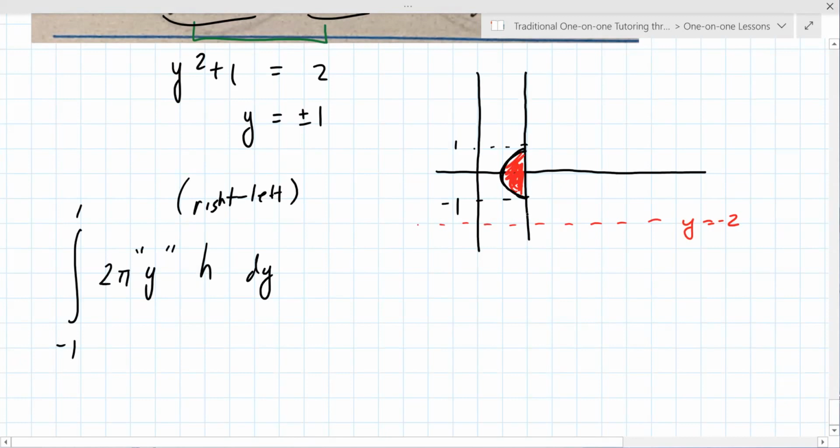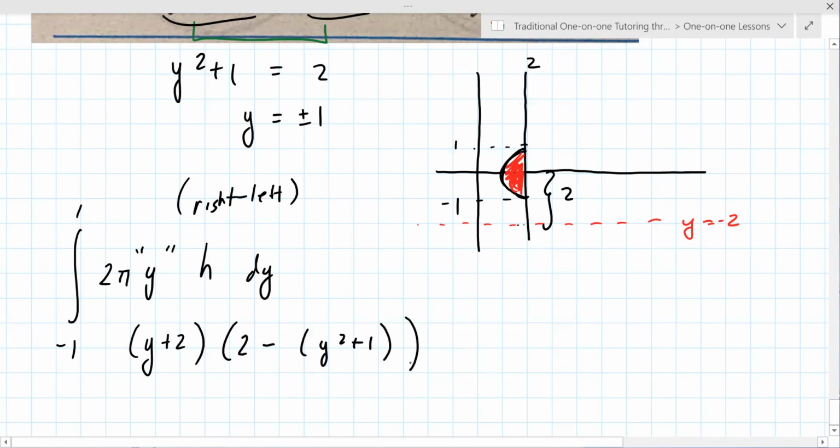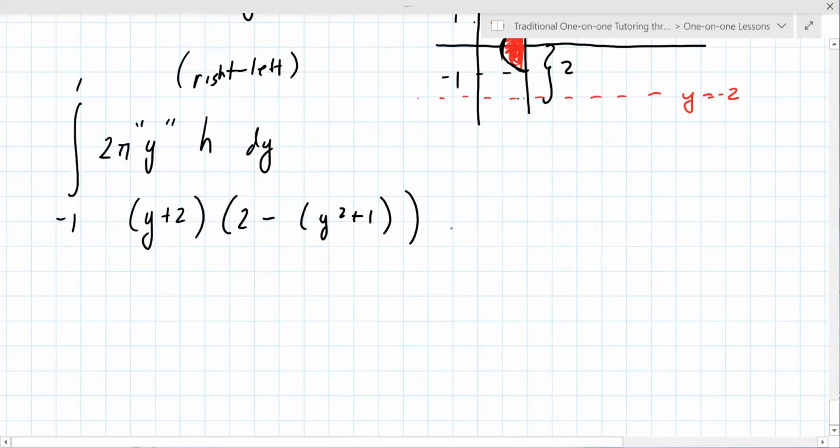Your y is the distance to this line, so you have to add 2 to it, because there's a distance of 2 there. Your height is right minus left. It's 2 minus (y squared plus 1), because that's your right, and your left is this curve here. And then you integrate it.